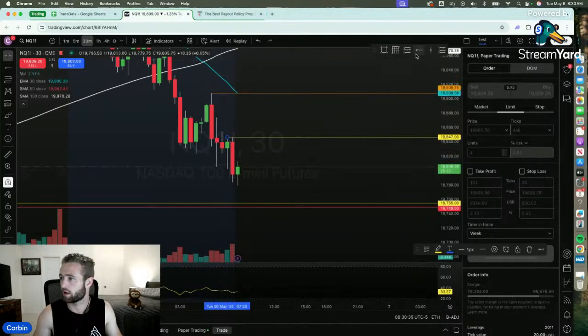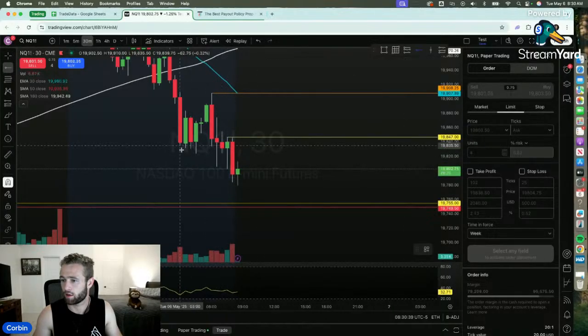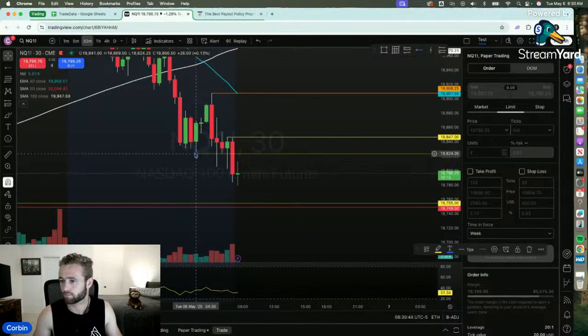And so we keep making lows as well. On the 30-minute, we're just going to mark those. A low is a move down, followed by a move up. That's a low. Move down, followed by a move up. That's that same low, but it got taken out, so we're going to remove it.